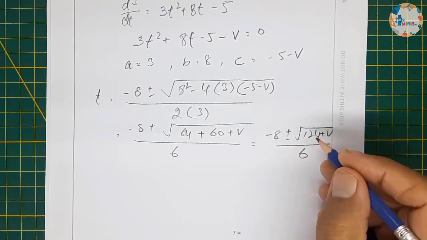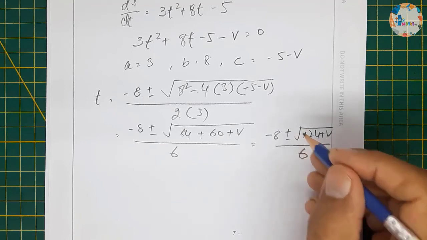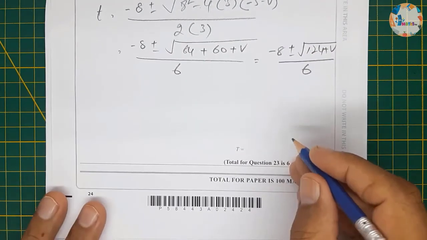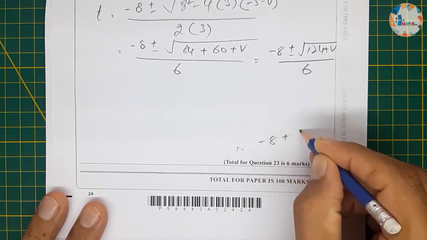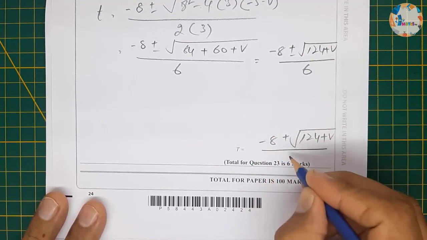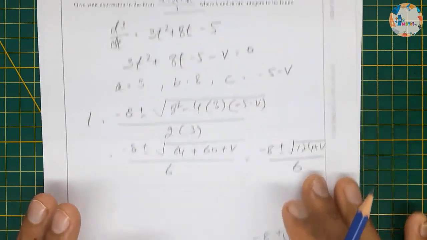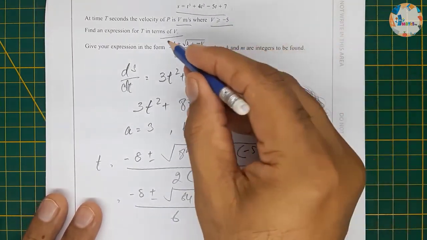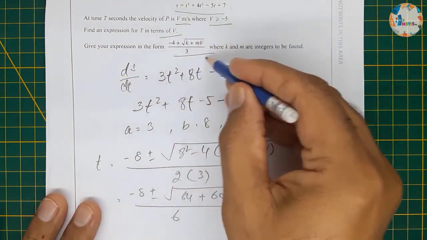This will be our answer for this part, and we'll have to take only the plus value. So our plus value will be -8 plus the square root of 124 plus 12v over 6, because see this one, it is saying that give your answer in this expression format.